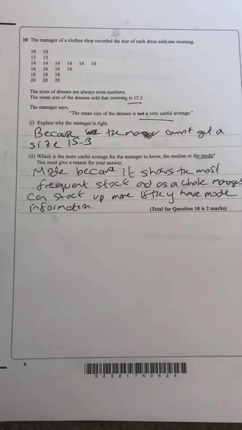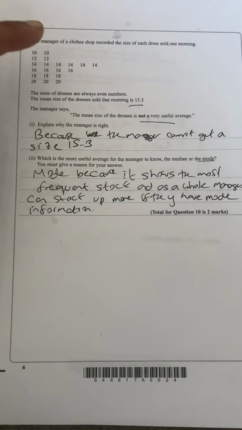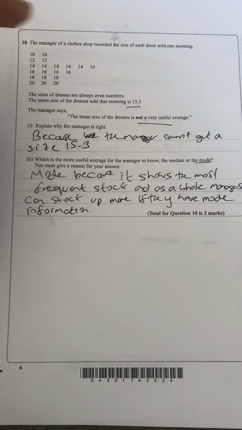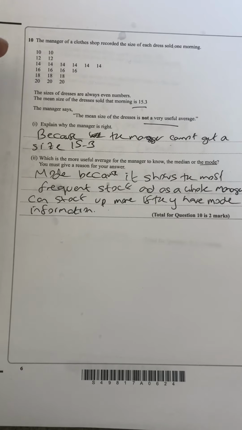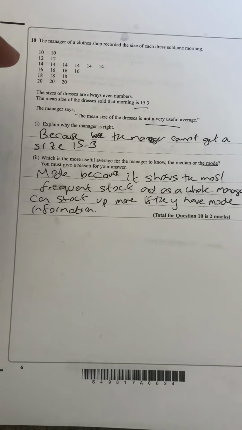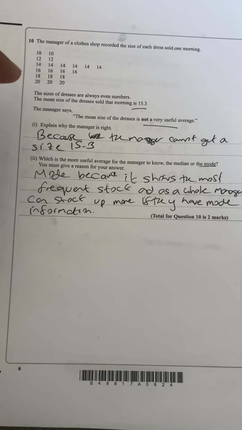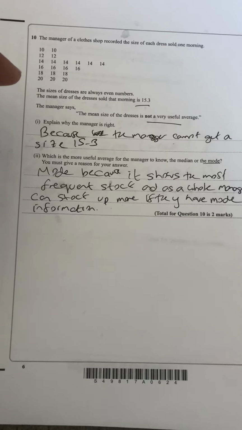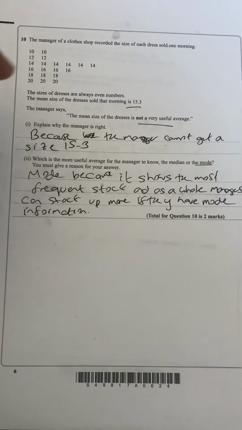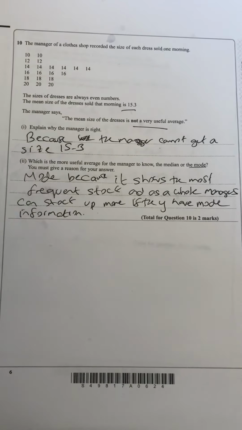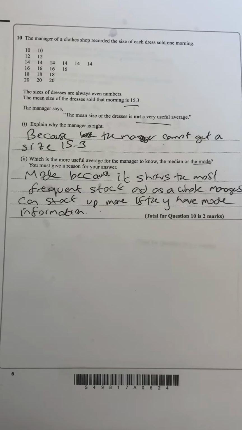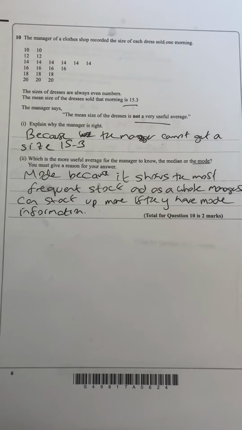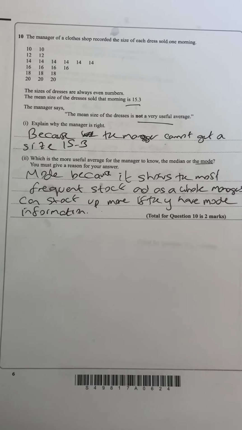Right guys, question 10. The manager of a shop recorded the size of each dress sold one morning. So we've got size 10 twice, 12 twice, 14 six times, 16 four times, 18 three times, and then 20 three times. The size of the dresses are always even numbers. The mean size of the dresses sold in the morning is 15.3. The manager says the mean size of the dresses is not a very useful average.